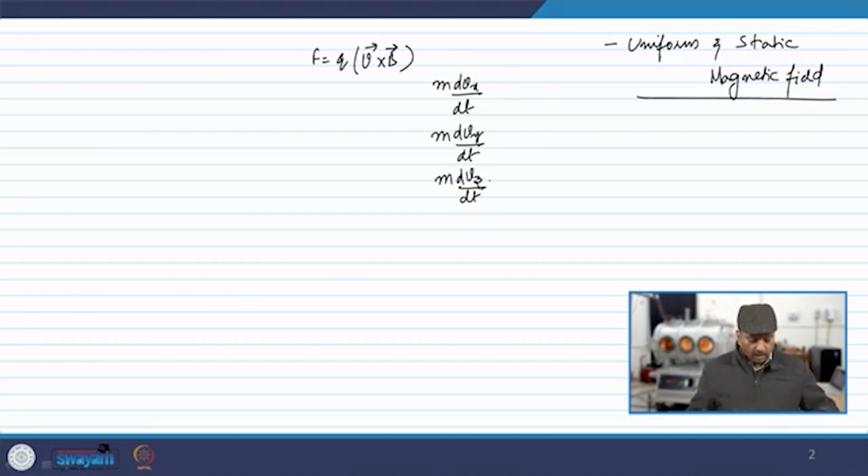So, the particle can have a three-dimensional velocity, and we have realized that the z component of the velocity, which is parallel to the magnetic field, will not be affected by the magnetic field strength.